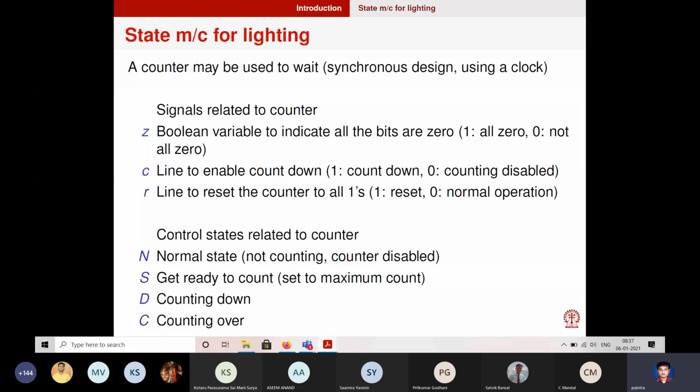So if the state changes happen only at 1000, then 1001, then 1002, then 1003, we say that this counter is synchronized with a 1 millisecond clock, a clock which changes state every 1 millisecond.